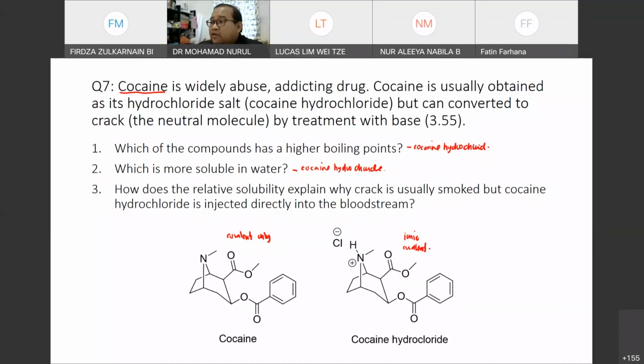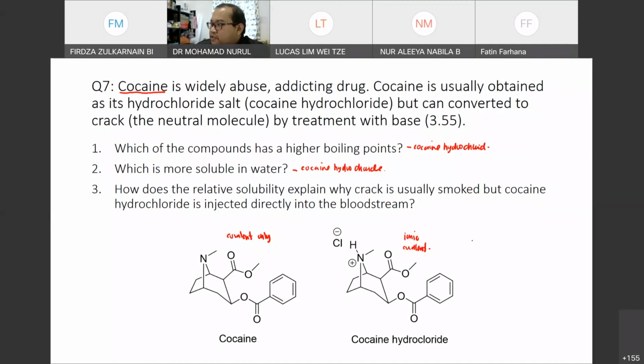How does the relative solubility explain why crack is usually smoked? Crack is usually smoked, but cocaine hydrochloride is injected directly into the bloodstream. Why do we inject the hydrochloride into the bloodstream?